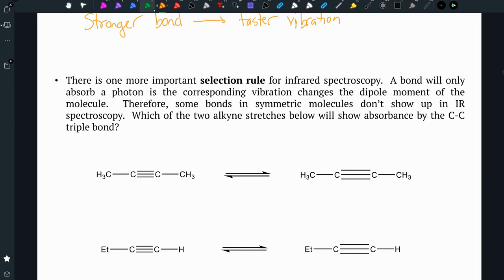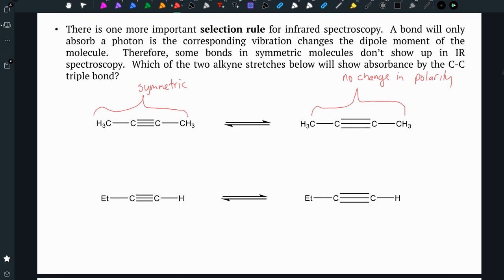So if you have a symmetric molecule like this one, and let's say I stretch that bond, I haven't changed the dipole moment of the molecule. There's no change in polarity if I do that. If it's asymmetric, though, there is a change in polarity.